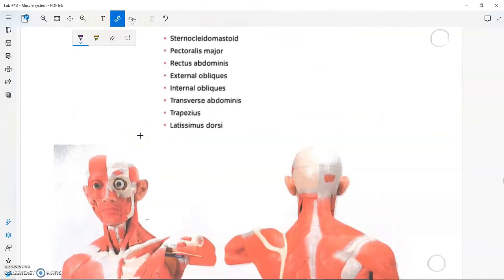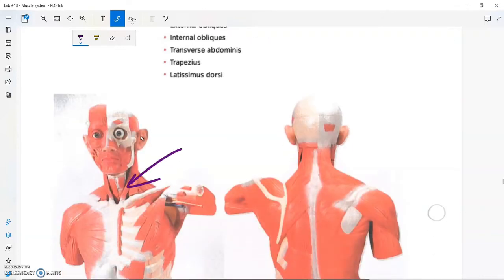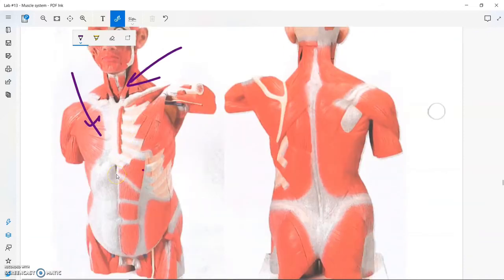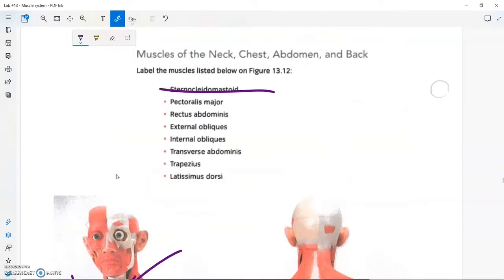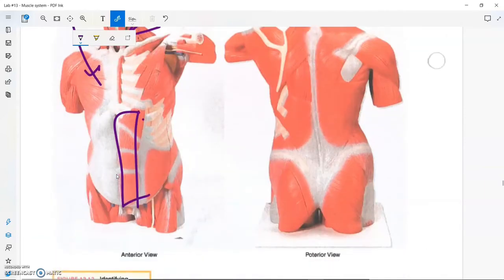Now in this image we can find sternocleidomastoid muscle, pectoralis major, rectus abdominis, the straight muscle, the infamous six-pack, external and internal obliques. So this right here in the corner will be external obliques, and these will be internal obliques.